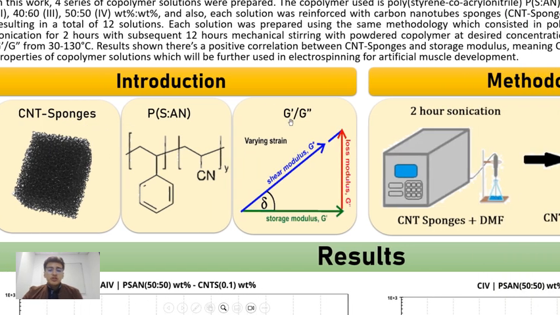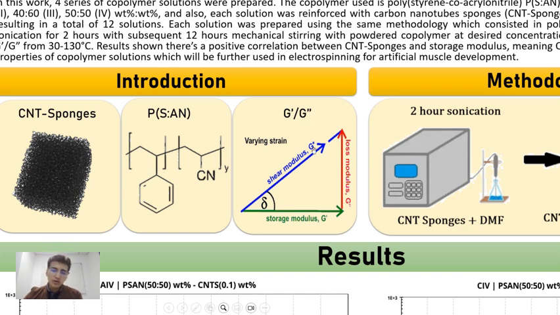Finally, G prime and G double prime, also known as storage modulus and loss modulus. These are rheological properties that can describe the behavior of a viscoelastic material. The storage modulus describes the solid-like behavior of the viscoelastic material, and G double prime, or loss modulus, describes the fluid-like behavior of this material.